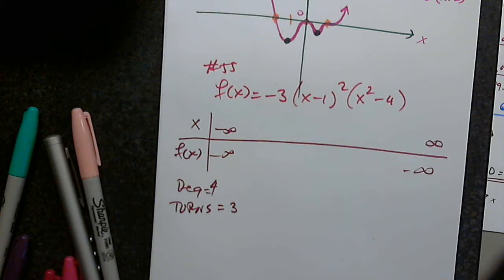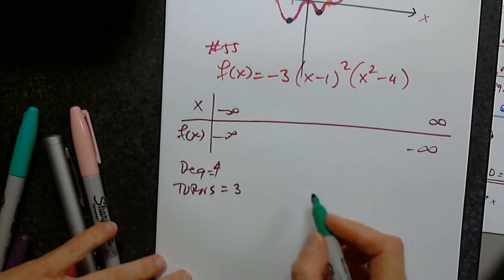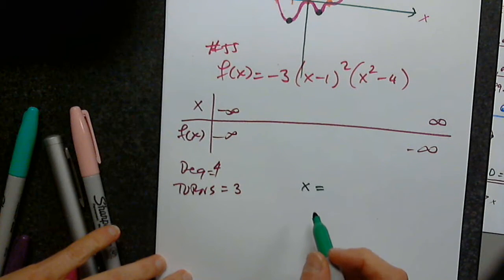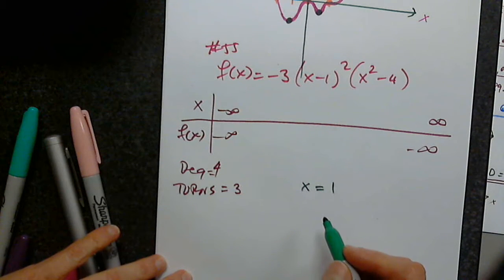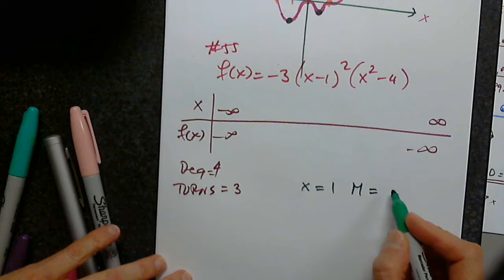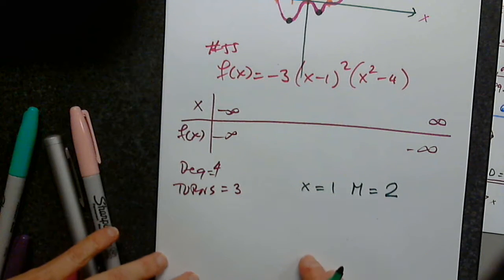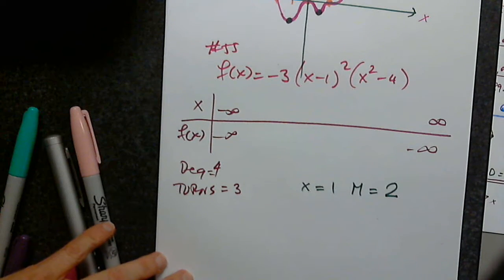Now, how many solutions will you give? 4. X equals? How many times? What is the multiplicity then? Very good. And then what do I do with x squared minus 4?